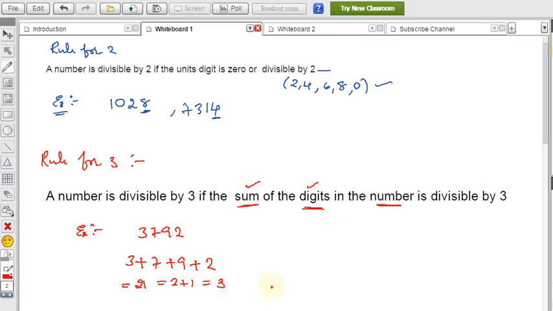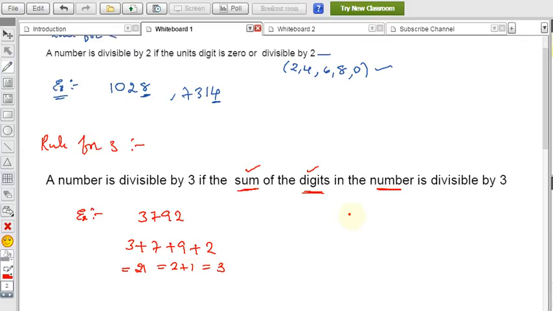So until you get a single digit you can keep on adding. Finally that number is 3, 6, or 9, because the single digits divisible by 3 are only 3, 6, 9. So obviously 21 is also divisible by 3. That means 3792 is divisible by 3.